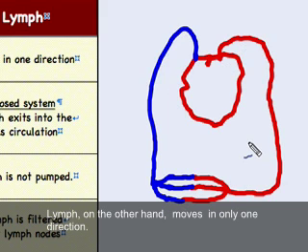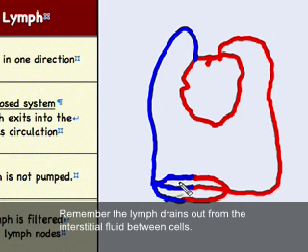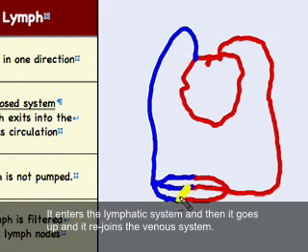Lymph, on the other hand, moves in only one direction. Remember, the lymph drains out from that interstitial fluid between cells. It enters the lymphatic system. Then it goes up and it rejoins the venous system.